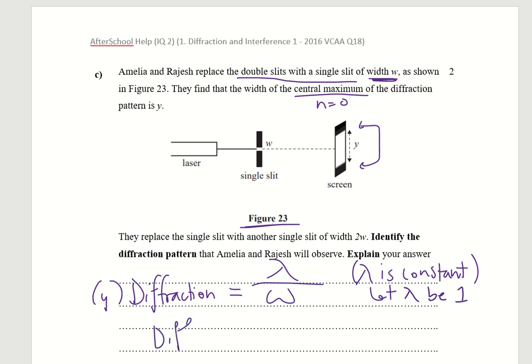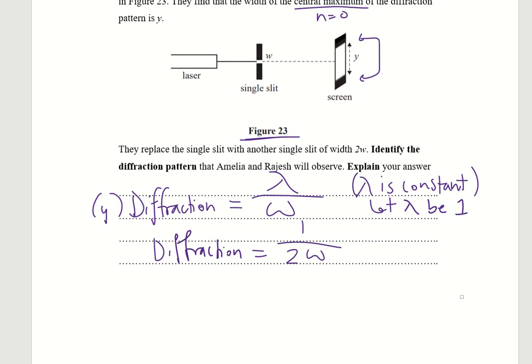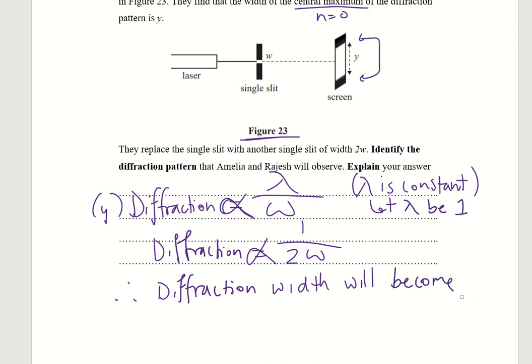As we have doubled the width, that would mean, proportional to, sorry. So if we doubled the width, therefore the diffraction width will become smaller.